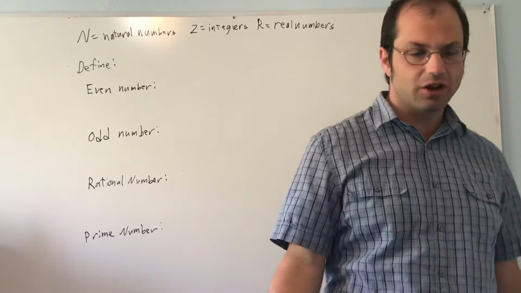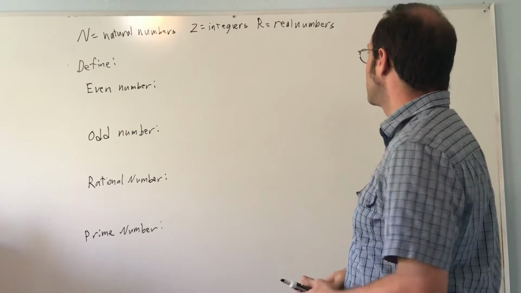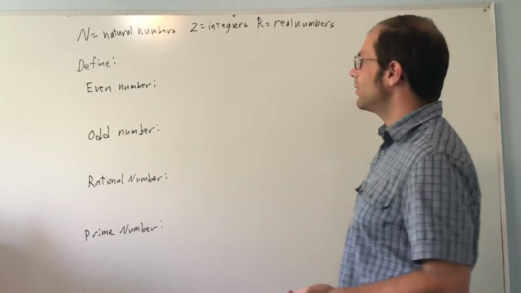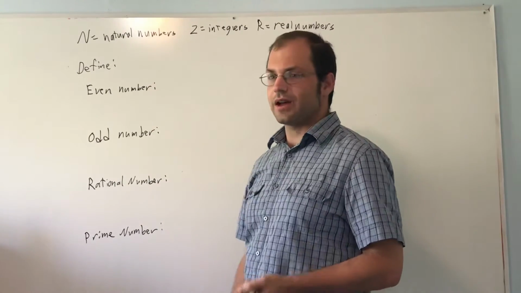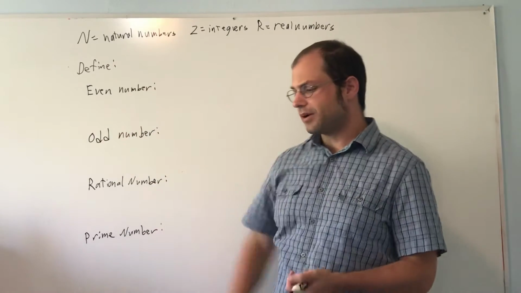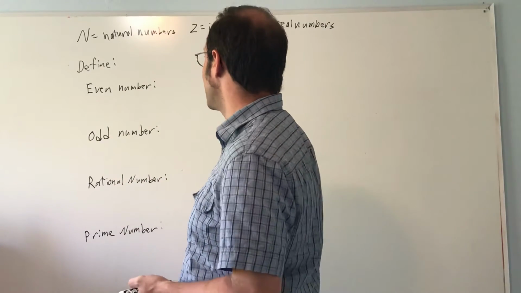You should all have a good idea of what these words mean. Let's go through these one by one and how we could define them using the quantifiers that we have. The first one is even number. Then we're going to do odd number, which will be very similar to it.